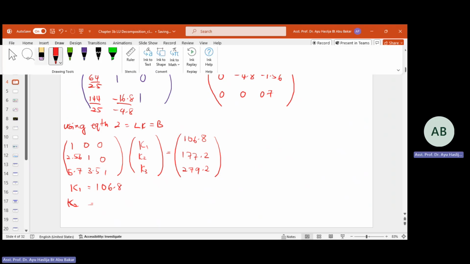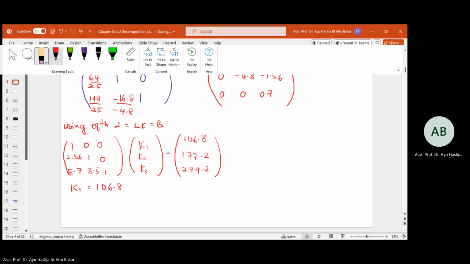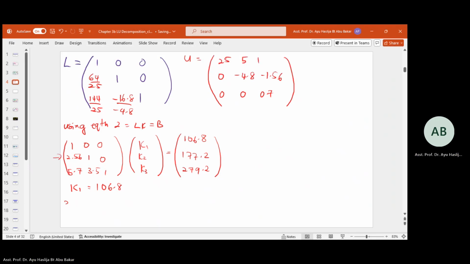Wait, I show you step by step. Second row: K1 is known, so substitute into here. Then from here, you will get your K2, which is these values.